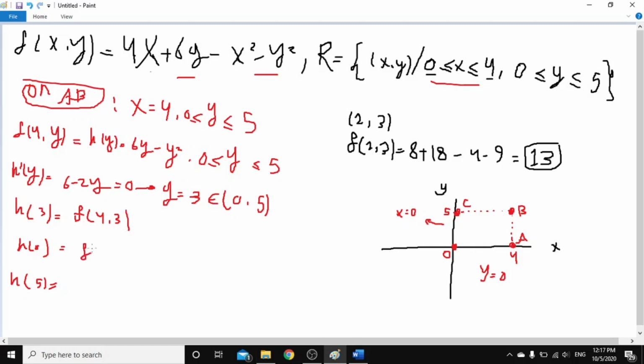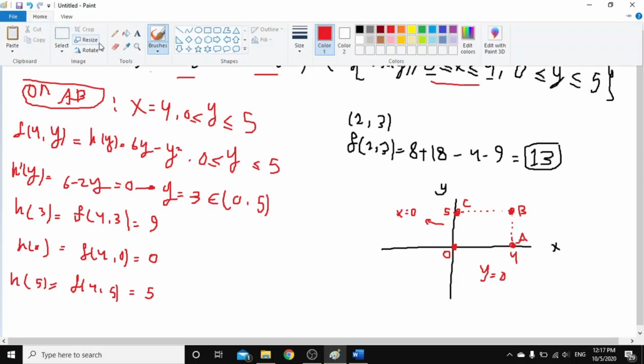And here f of 4 comma 0, and here f of 4 comma 5. If you put these numbers in this equation, you will get the value of 9. And if you put the values 4 comma 0, you will get the value of 0. And if you put the value of 4 comma 5, you will get the value of 5. You can try them. So this is the second line.